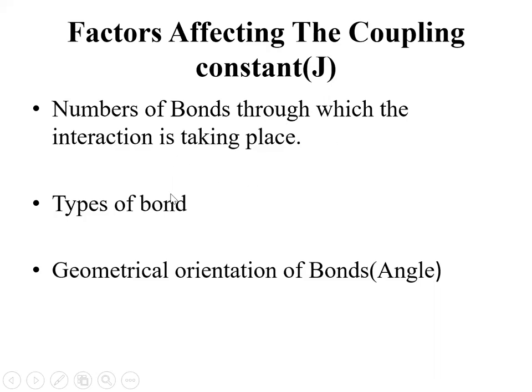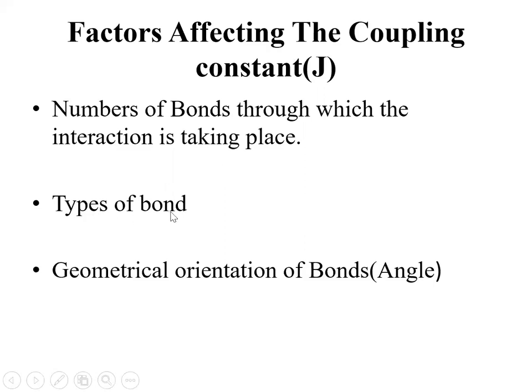As we have seen in earlier examples, when we increase the distance between the two coupled protons, the value will be lesser. And if the coupling protons are in very close proximity, then we get a very high value of the coupling constant.